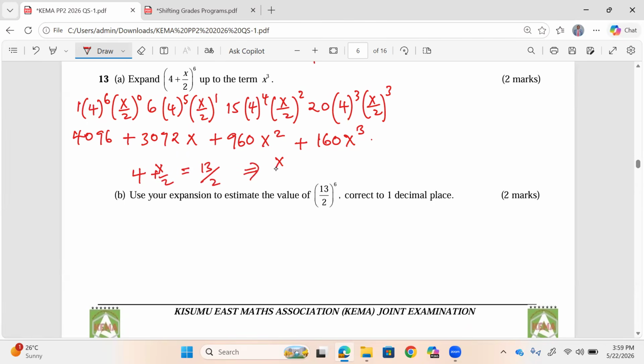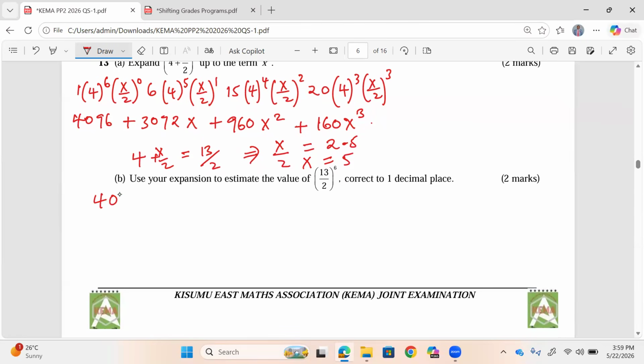We remain with x/2 being equal to 13/2 minus 4. I'm getting 2.5. How do we remain with x? I multiply by 2 both sides. So x becomes 5. So I'm going to use 5 in the place of x.